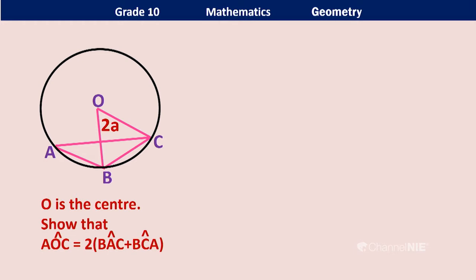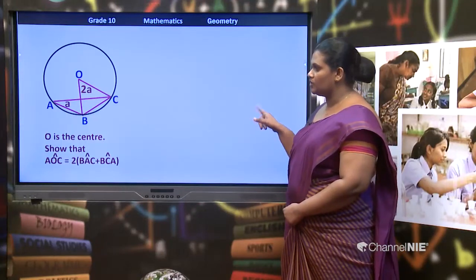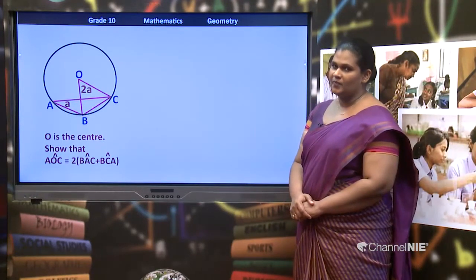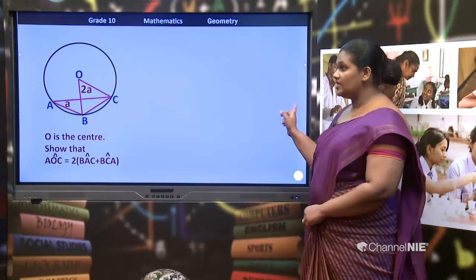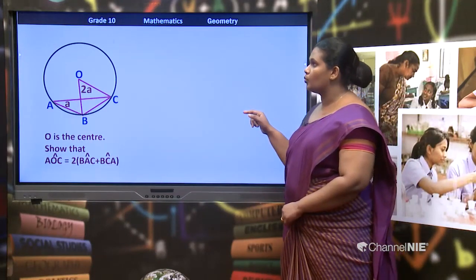At the same time, I can observe that BAC is the angle subtended by the same minor arc at the remaining part of the circle. Therefore, if BOC is equal to 2A, we have to say angle BAC is equal to A. Right. Using this relationship, we will write it in the proof.